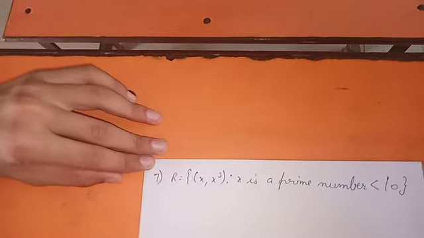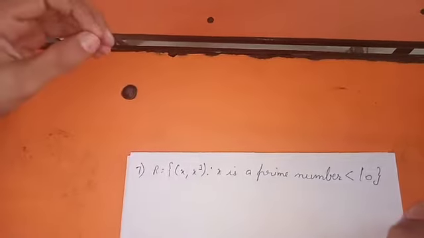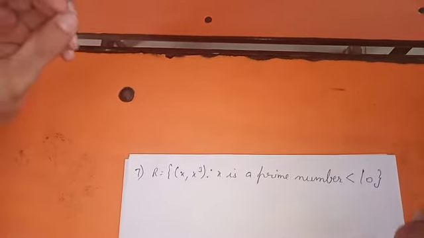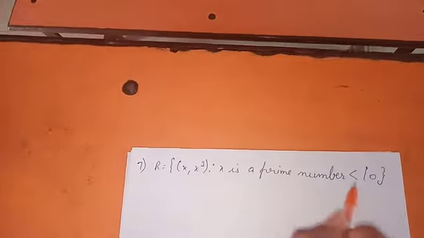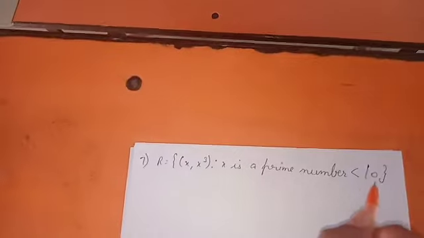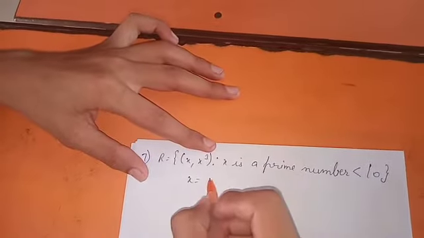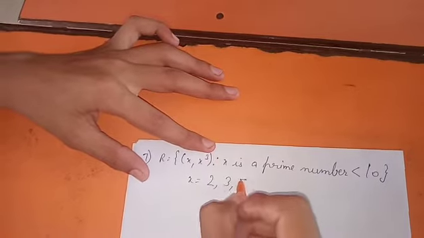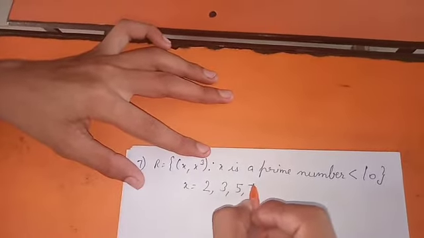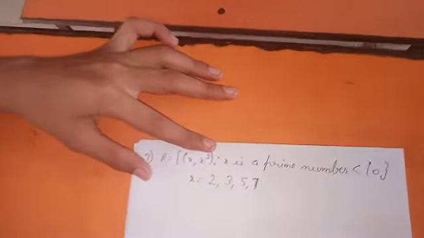So first of all, what is our work? First of all, we will find what prime numbers are less than 10. So the x value will be either 2 or 3 or 5 or 7, because these are the prime numbers that are less than 10.